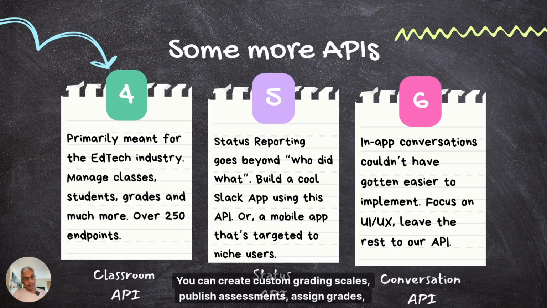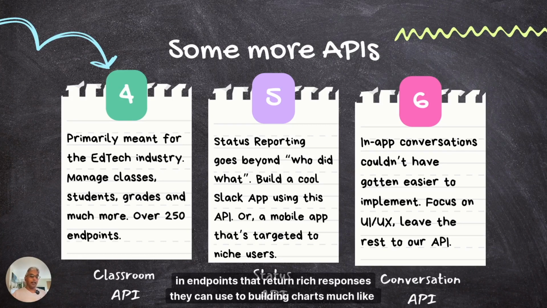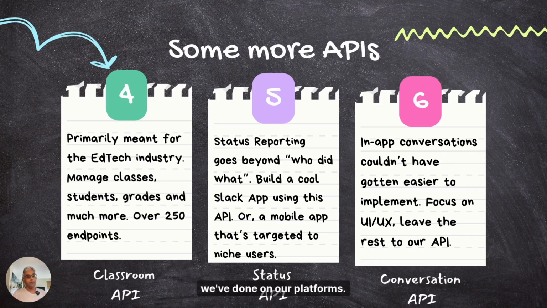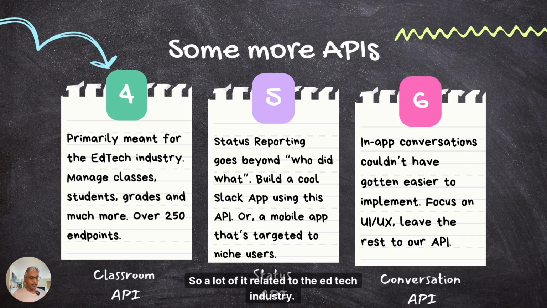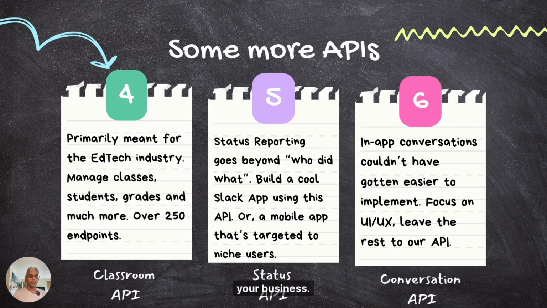You can create custom grading scales, publish assessments, assign grades, publish grades, look at student performances in endpoints that return rich responses they can use to build charts, much like we've done on our platforms. So a lot of it is related to the edtech industry, right? And you can compare student performances or a single student's performance during the course of a semester. It's got all of these powerful and cool endpoints that you can leverage to improve your business.